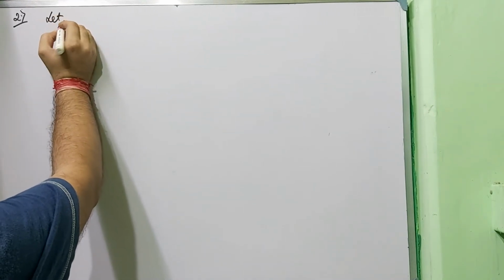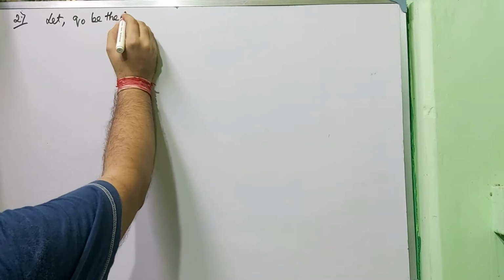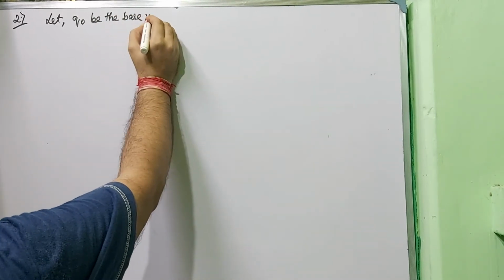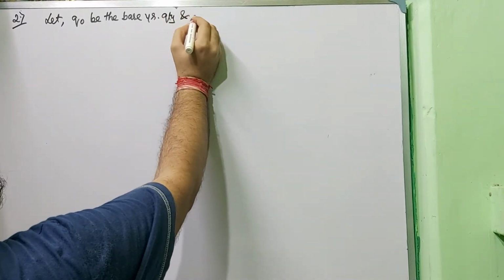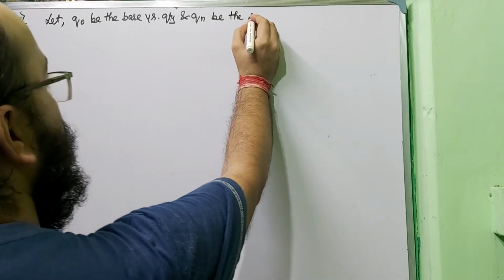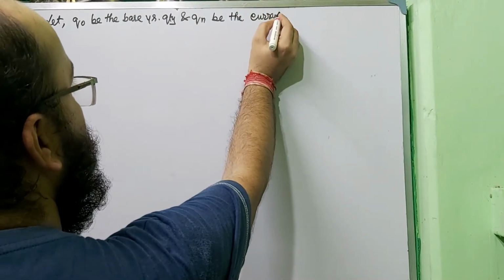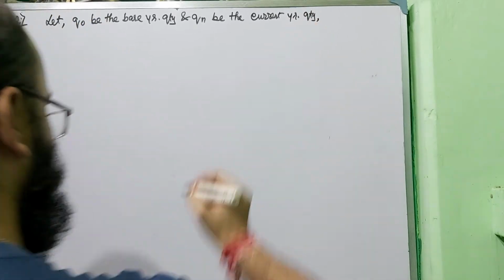Let Q0 be the base year quantity and Qn be the current year quantity.